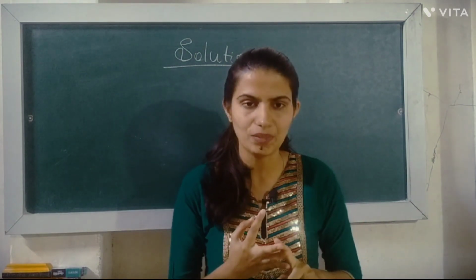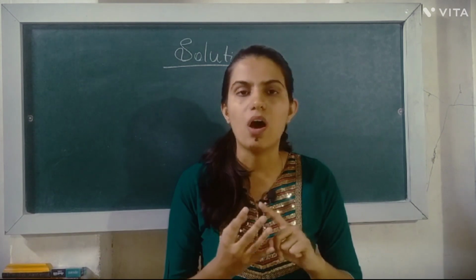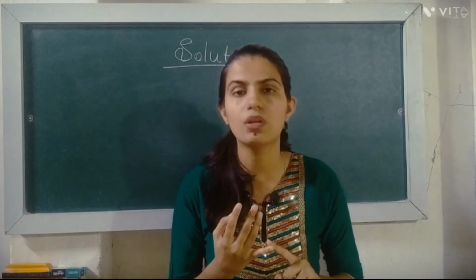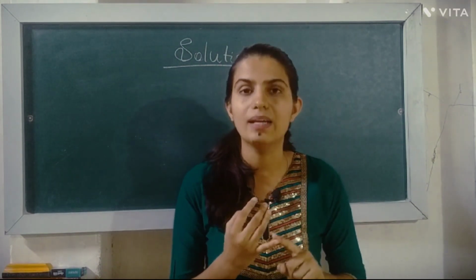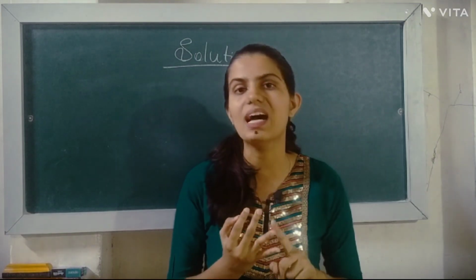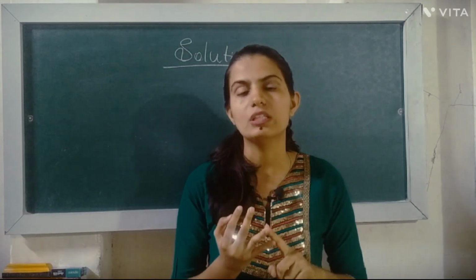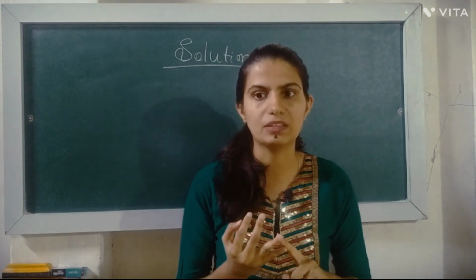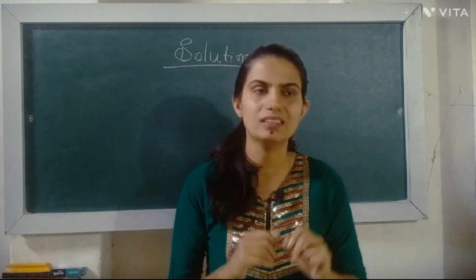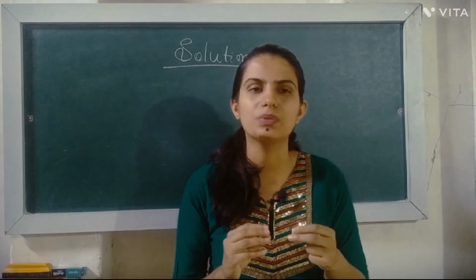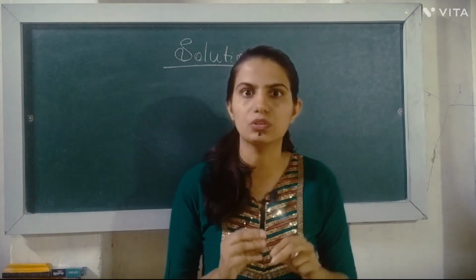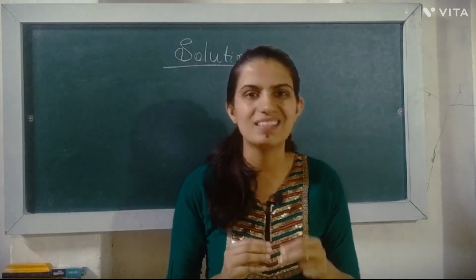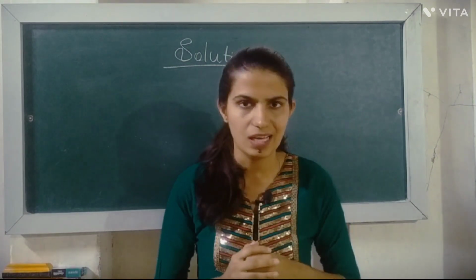Clear? So, gold ornaments are also an example of solution. And brass and bronze are also mixtures of different metals. Particularly in your NCERT, they may ask what is the composition of brass or what is the composition of bronze. This is something they have given in the NCERT.